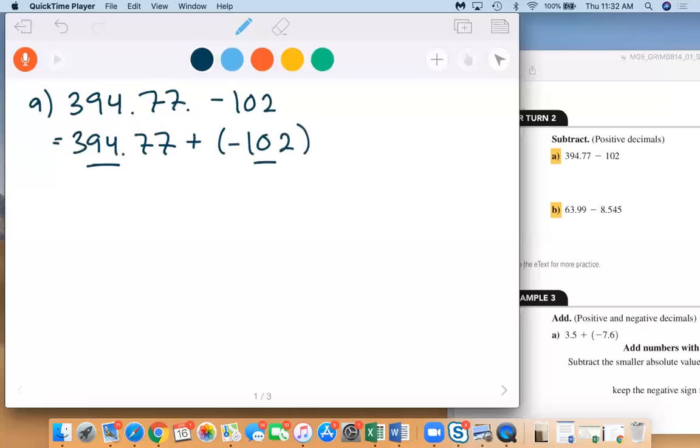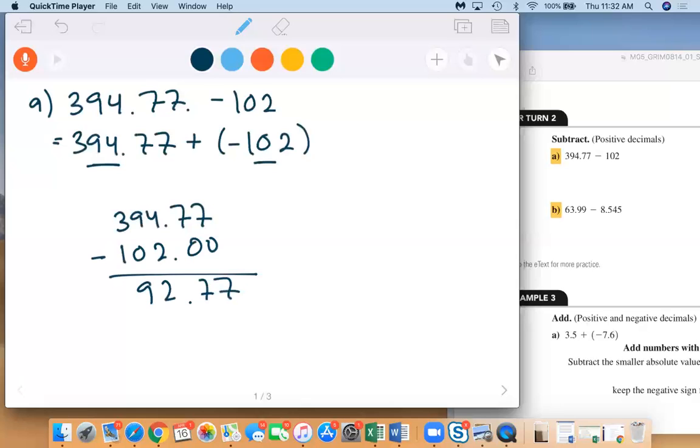Kind of, sort of? So what we would say is 394.77 minus 102. And since there's no decimal places, we know that's the same thing as 102.00. And so we get 292.77.